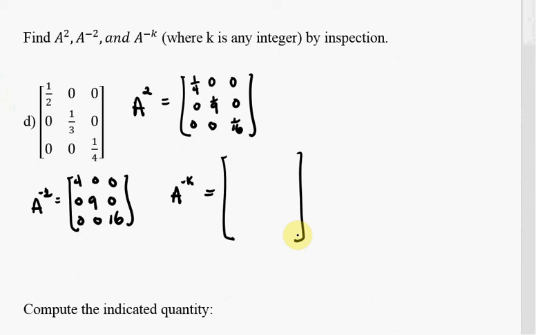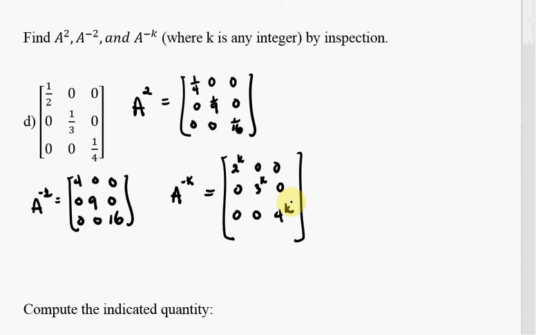Okay. Wouldn't there be an easier way to write that? You can simplify that. Right. Wouldn't it just be 2 to the k, 0, 0, 0, 3 to the k, 0, 0, 0, 4 to the k? Right?